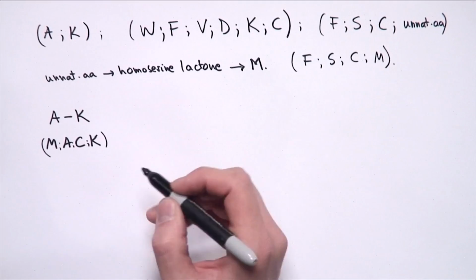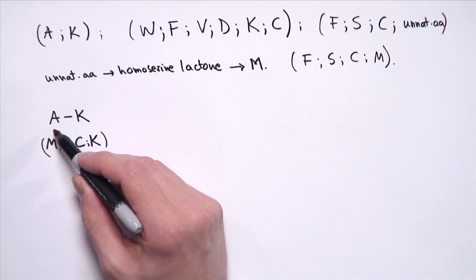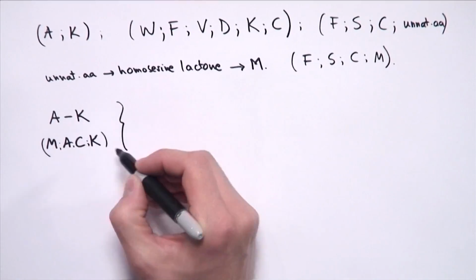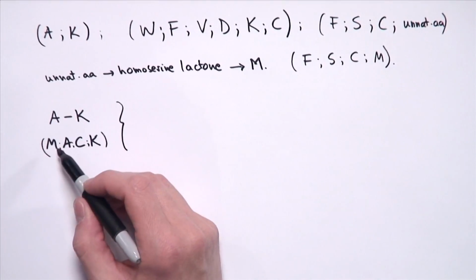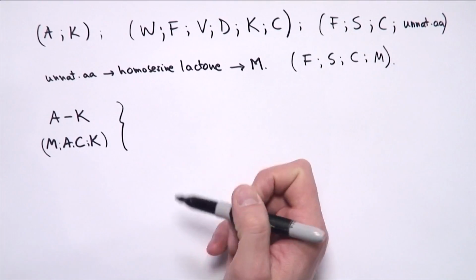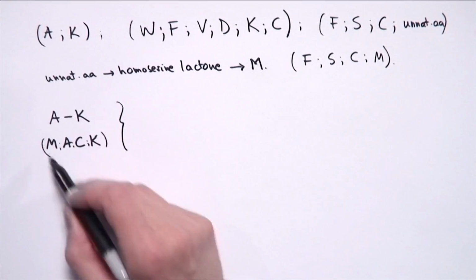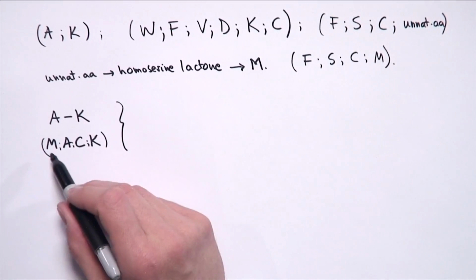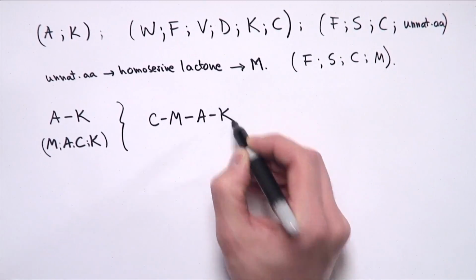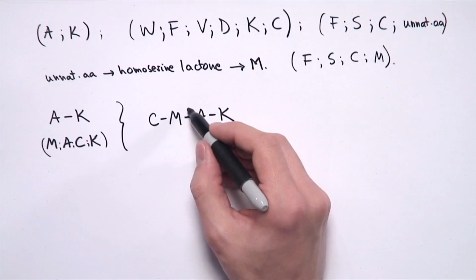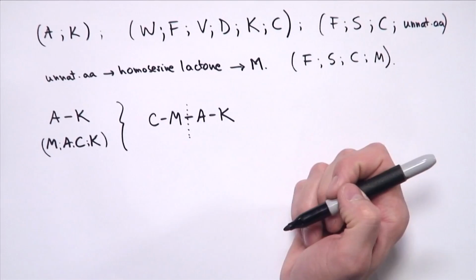So now we know K has to be the carboxy end, and A has to be right before K. So in order to get an AK peptide, then A has to be right after methionine, because that's where cyanogen bromide is going to cleave the peptide bond. So the only sequence that we can have here is going to be C followed by M followed by A followed by K. So when we treat with cyanogen bromide, we're going to be cleaving this bond between M and A, generating M as a homoserine lactone.